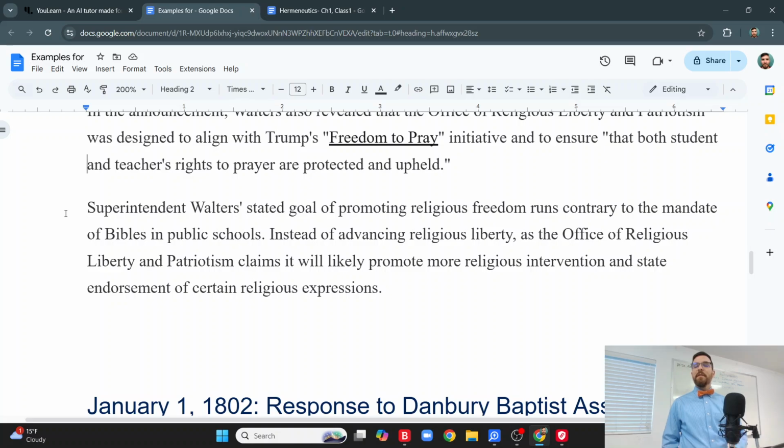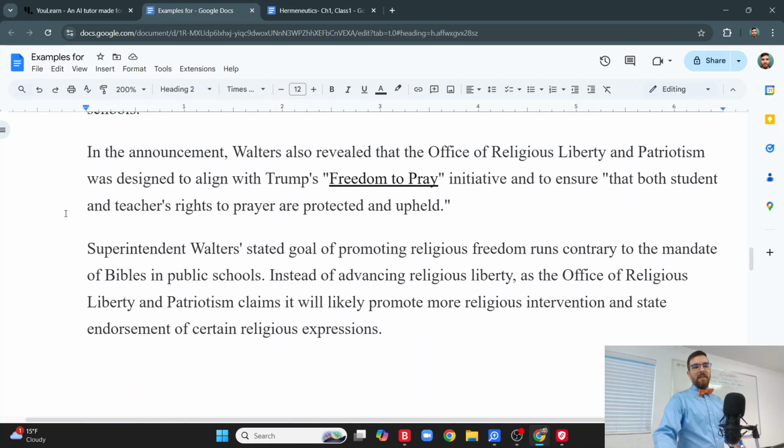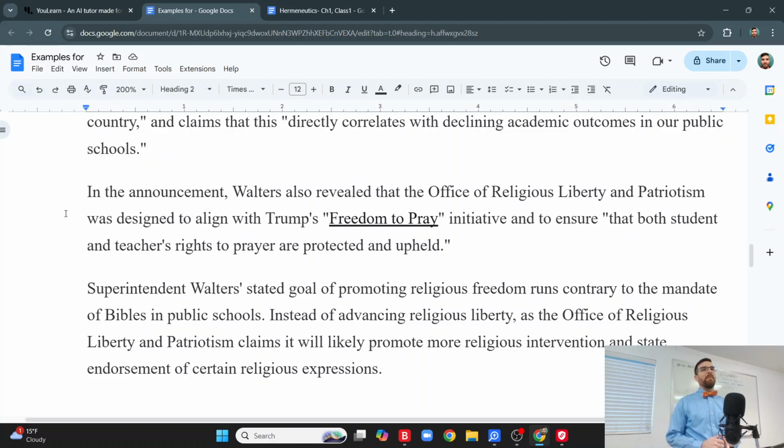Instead of advancing religious liberty, as the Office of Religious Liberty and Patriotism claims, it will likely promote more religious intervention and state endorsement of certain religious expressions, i.e. a Christian one. So you might read that and go, I don't have a problem with that.